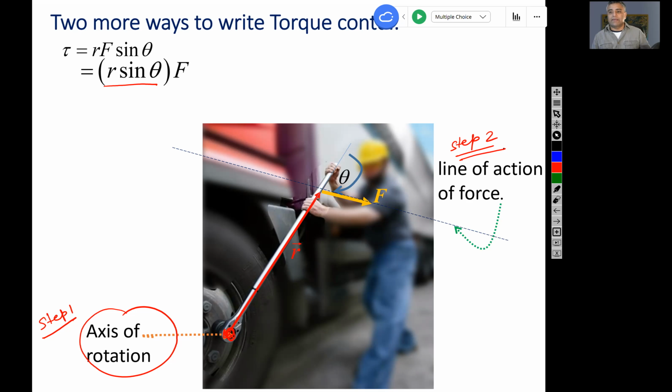So what is the line of action of force? It's nothing, you're just making that force longer, okay? Force is just acting in one direction, but you can draw that line in both directions, both sides. So it's just the extension of force. That's the line of action of force. That's step number 2.